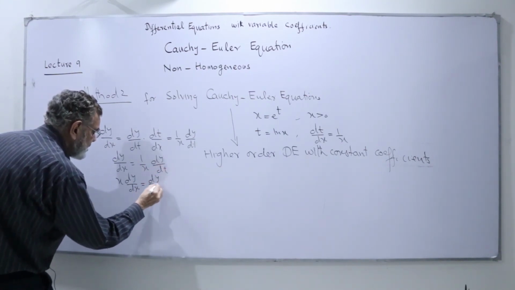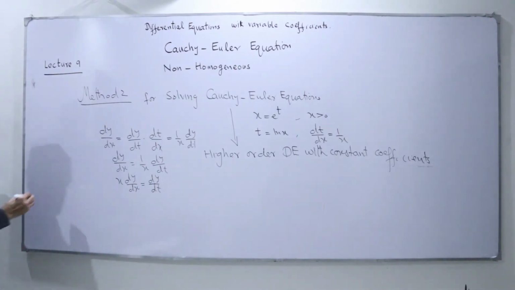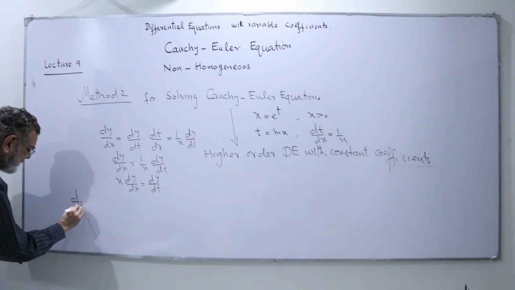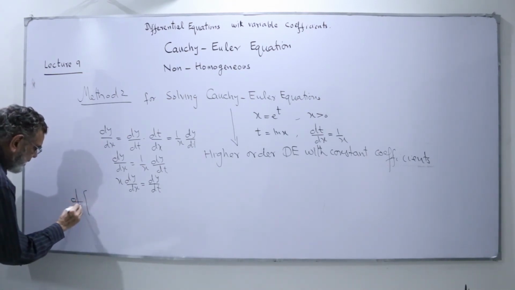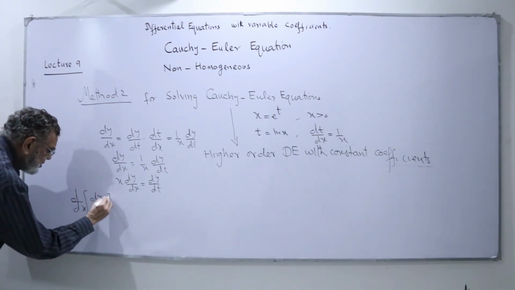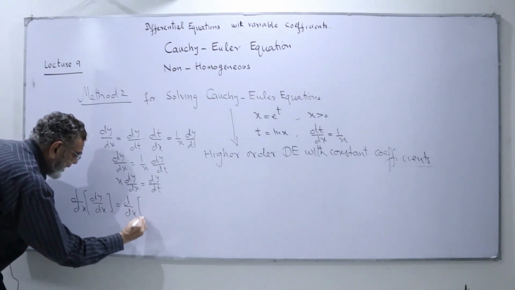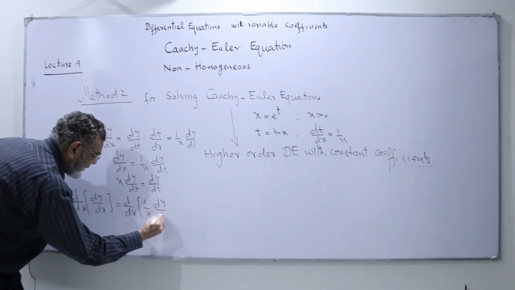So we change our x dy by dx to dy by dt. Now we take the second derivative. d2y by dx square is equal to d by dx of 1 upon x dy by dt.